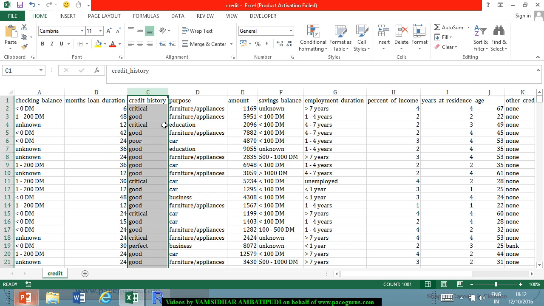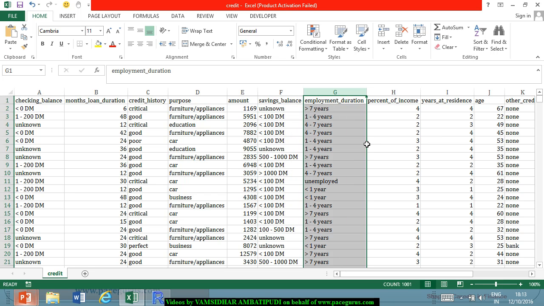The credit history of the person, critical, good, poor, there are some classifications there. The purpose for which the loan was taken: furniture, appliances, education, car. The amount taken as loan, and the savings balance in the savings account, which for some is unknown.